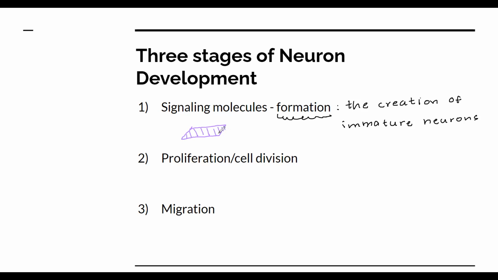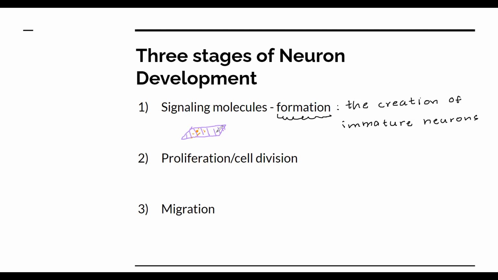tissue basically has a bunch of cells that aren't specialized, right? So there are certain particles called signaling molecules, which I'll draw in orange, which secrete chemicals, which are the small orange dots that you see here, which tell these purple tissues to become a certain type of cell, right?